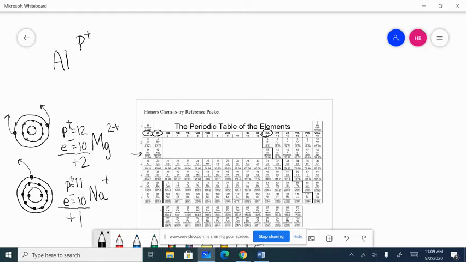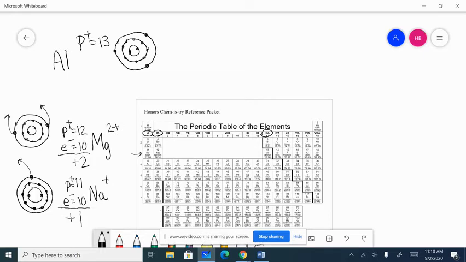Aluminum has 13 positive protons, and as an atom, he has 13 negative electrons. So with 3 in the outside energy level and 13 total, 2 in the first, 1, 2, 3, 4, 5, 6, 7, 8 in the second, and then 1, 2, 3 in that last energy level.